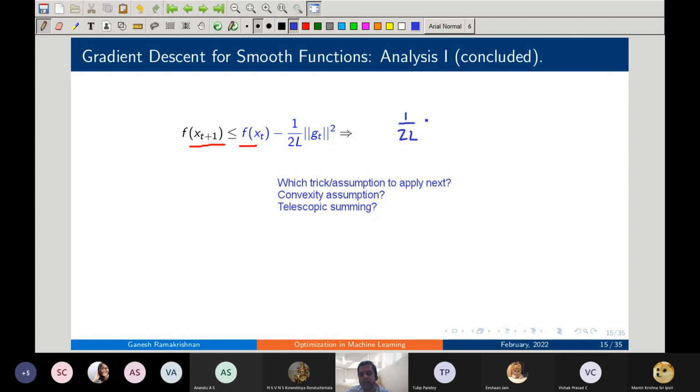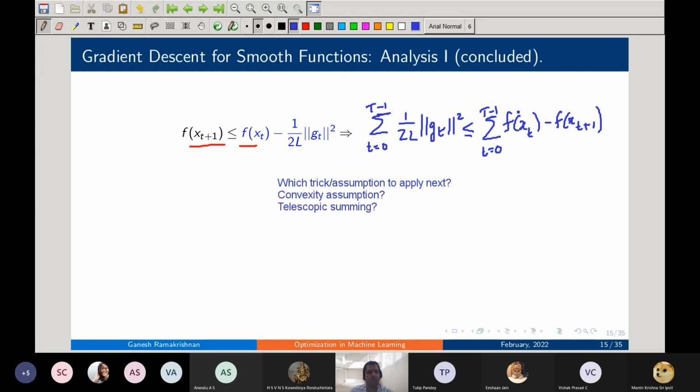So 1 by 2L norm g_t squared is less than or equal to f of x_t minus f of x_{t+1}, since the iterates are decreasing every step. I put a summation on both sides, always starting with t equals 0 to capital T minus 1, just to be consistent.